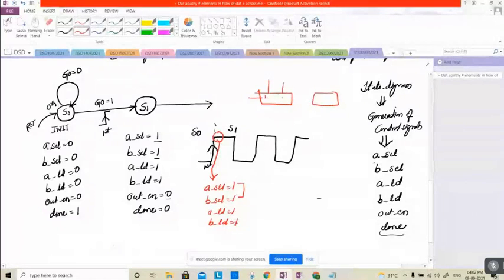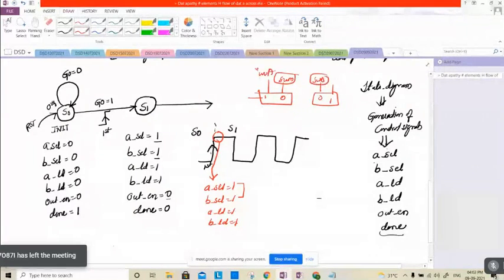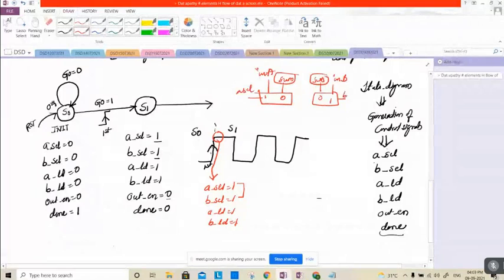This is 1, this is 0, this is 0, this is 1, this is from the subtractor, this is from the subtractor, this is input A, and this is input B, this is A select, and this is B select. Now A select is equal to 1, B select is equal to 1, but it is not a positive edge.